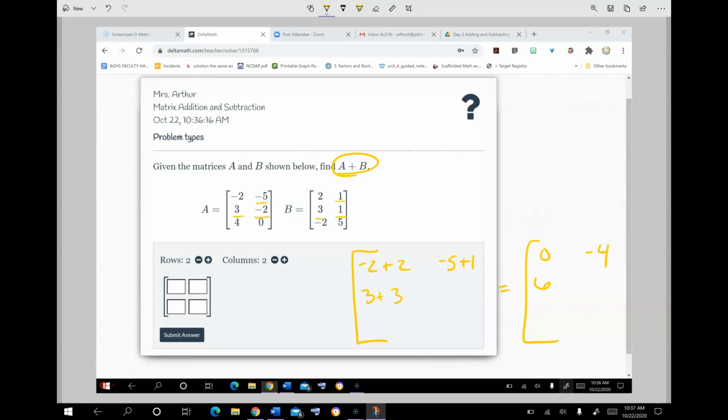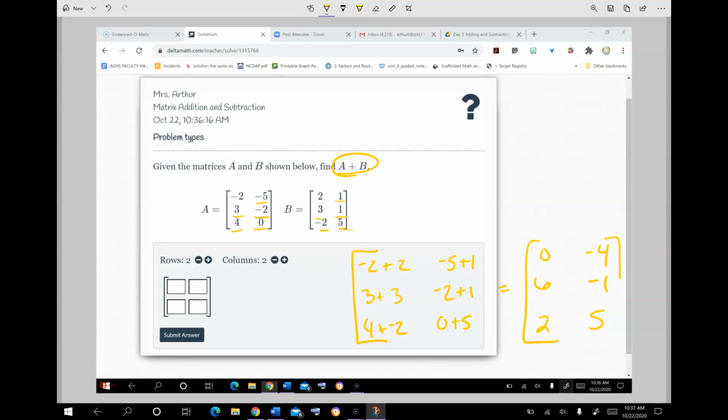Negative 2 plus 1 gives me negative 1. 4 plus negative 2, 2. See how writing it out is actually more helpful, I feel like? It makes it easier than trying to figure out in your head if you're saying it right. And then 0 plus 5 gives me 5.